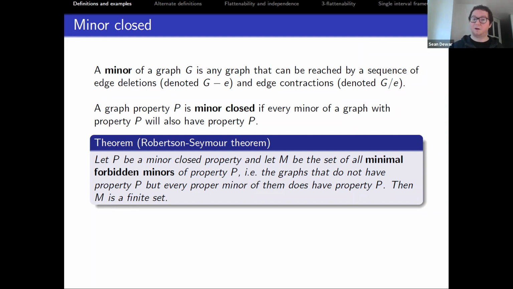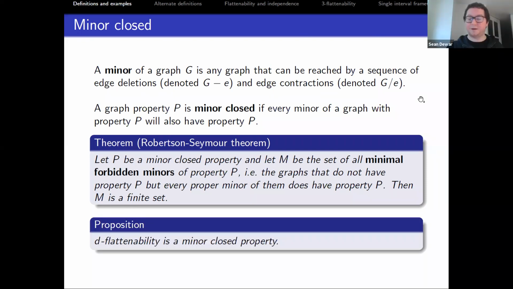And what this says is that if you know you have a property that's minor closed, to check if a graph has the property, all you have to do is determine whether it has one of a finite set of forbidden minors. So for planarity, if you want to check if your graph is planar, you just have to check that it doesn't contain K5 as a minor and it doesn't contain K3,3 as a minor. That's all you need to check. I see. Thank you.